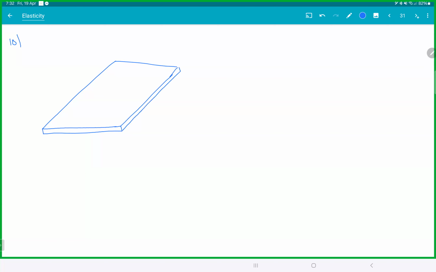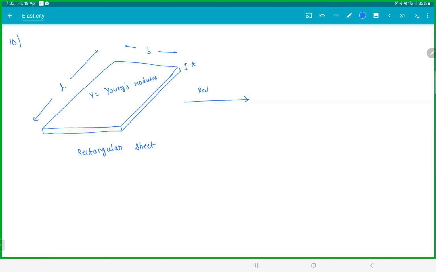So we have a rectangular sheet here whose length is L, breadth is b, and the thickness is t. Young's modulus is Y. Getting it? So it's a rectangular sheet. What you did, you took this and made it into a circular thing.